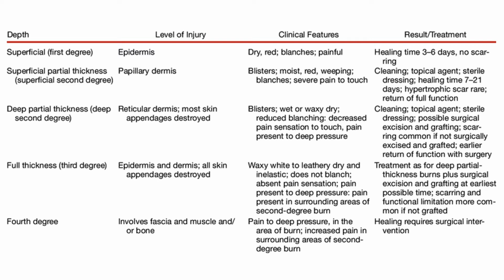So really the American Burn Association, the reason why you need to know both systems, like superficial and 1st degree, it just helps with more precise classification according to the depth of the skin destruction, okay?